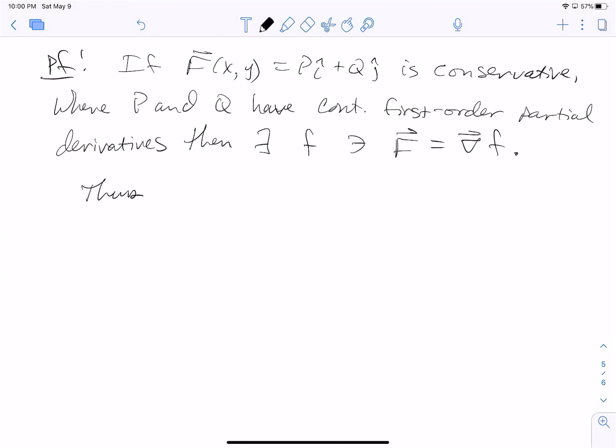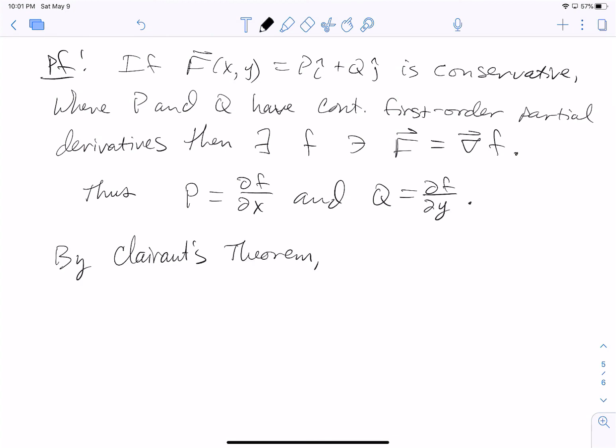Thus, P is already a partial of f with respect to x, and Q is already the partial of f with respect to y. By Clairaut's theorem, the partial of P then with respect to y would be the second partial of f with respect to y after with respect to x. Now that's not what Clairaut's theorem says.